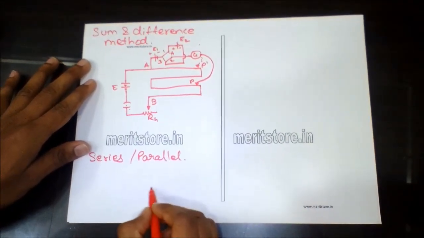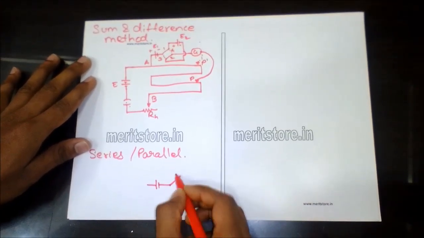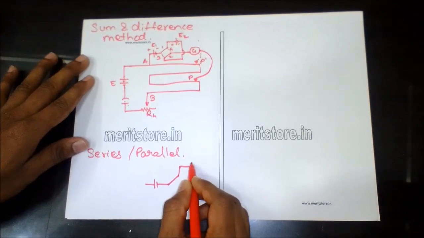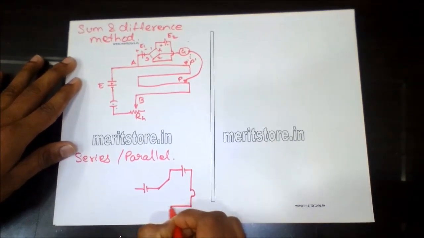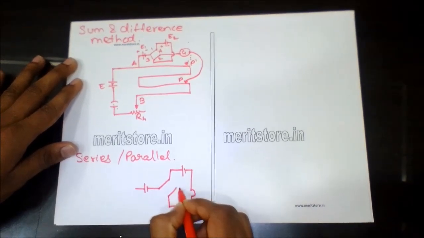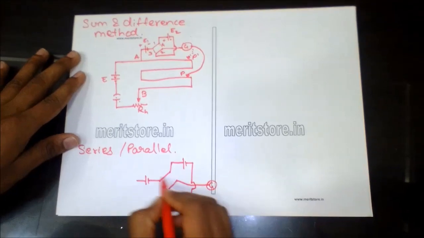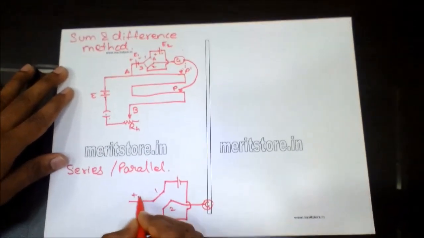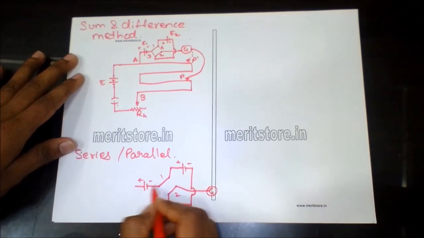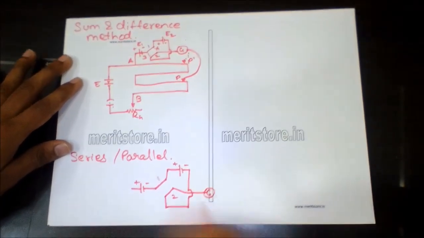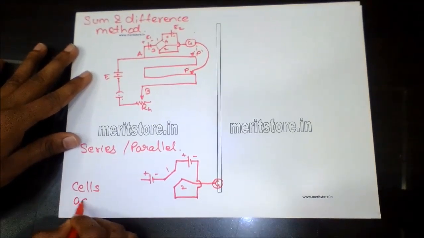In series connection, the connection goes as arm 1, arm 2, and then flowing through the galvanometer. So positive, negative, positive, negative. Since this is the order, the cells are said to be assisting.